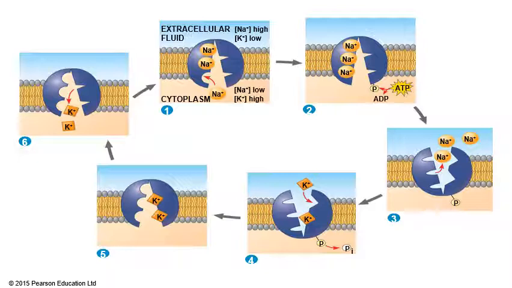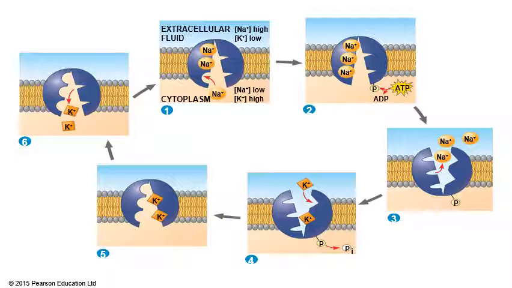So they bind to some place on the transport protein, and spending ATP, they change their conformation. Then Na+ is kicked out of the cell.